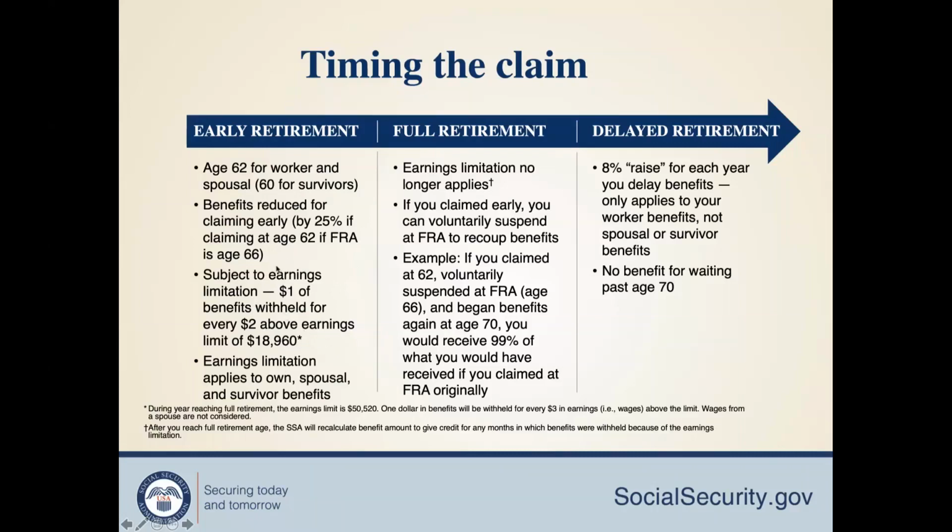They will withhold $1 of benefits for every $2 above the earnings limit of almost 19K. So if you make say 100K, you won't get any benefit. There is no point in even thinking about claiming at 62 if you are continuing to work for a decent salary. We will talk about that in more detail.